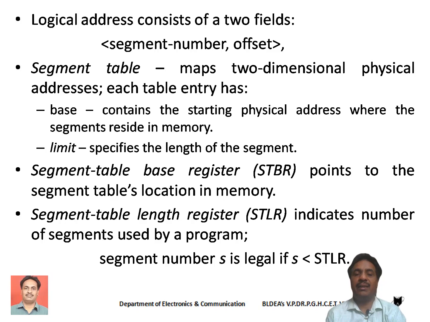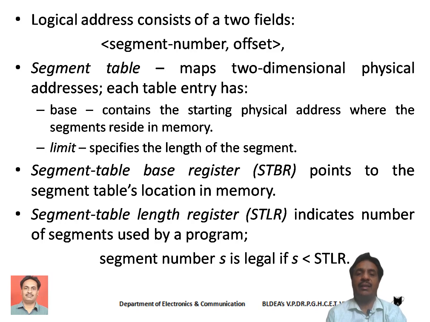Then the segment table length register indicates the total number of segments used within the program. Say, for example, if your program consists of 4 segments, then that number 4 is stored within the segment table length register. So in general we can say that while accessing any memory location, the segment number will be legal only if it is less than the value stored within STLR.